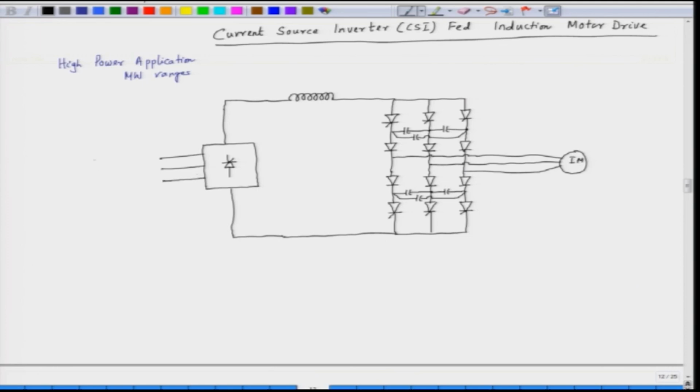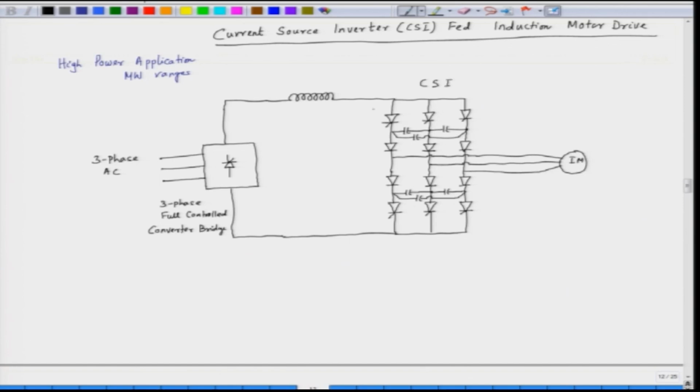The input is 3-phase AC. This is a 3-phase fully controlled converter bridge, and this is our current source inverter.